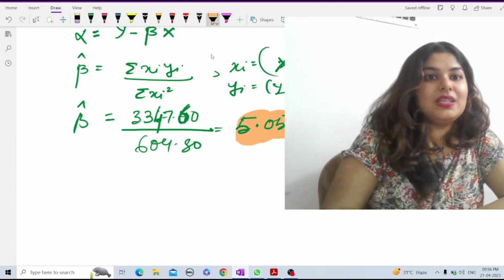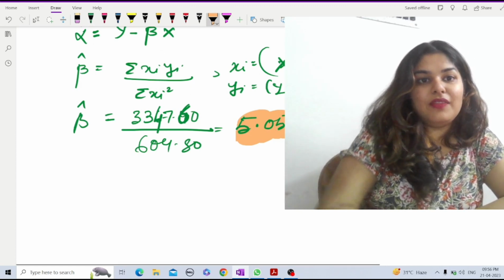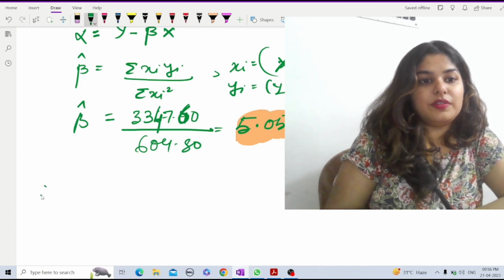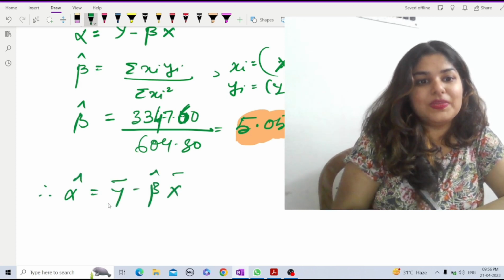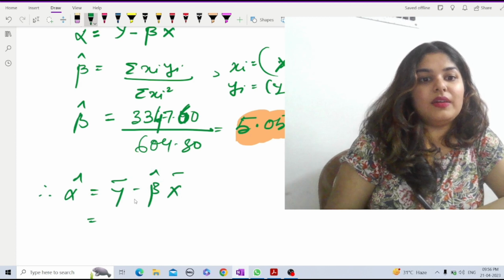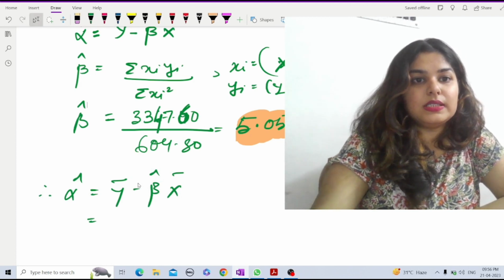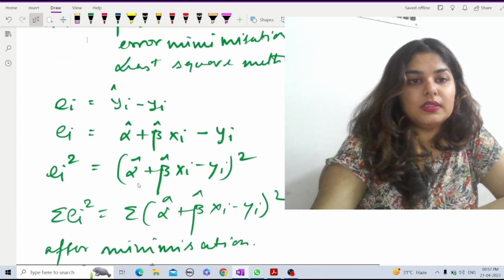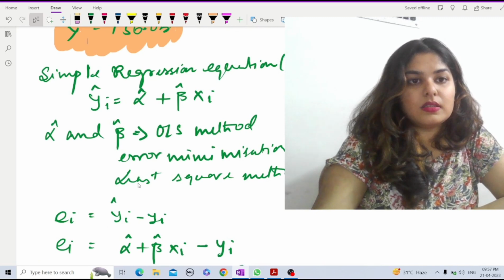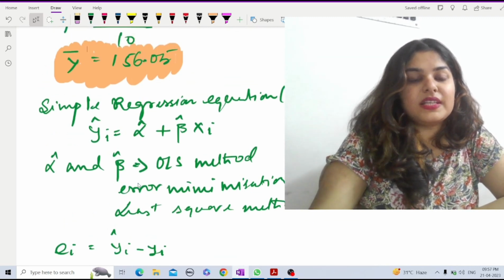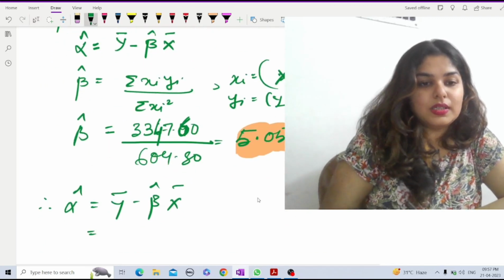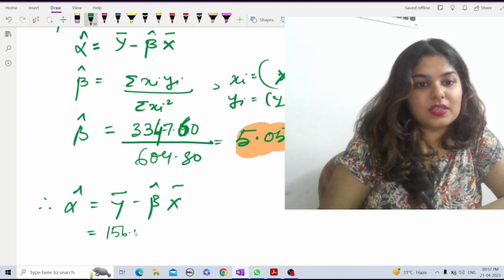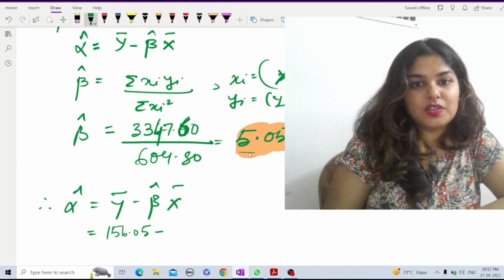Now we will use these values in alpha hat and calculate the value of alpha hat. Alpha hat equals y bar minus beta hat x bar. How much is y bar? We have calculated it here, that is 156.05 minus, how much is beta hat?